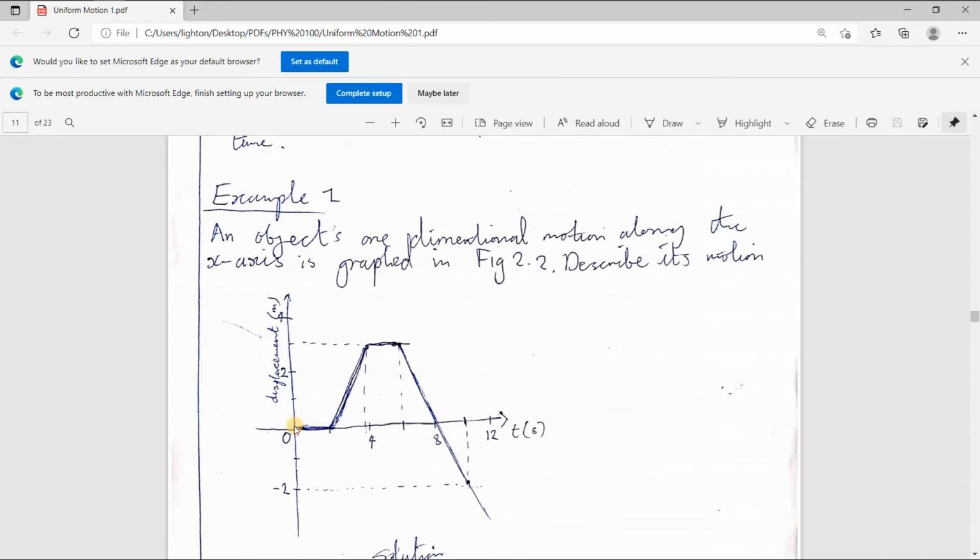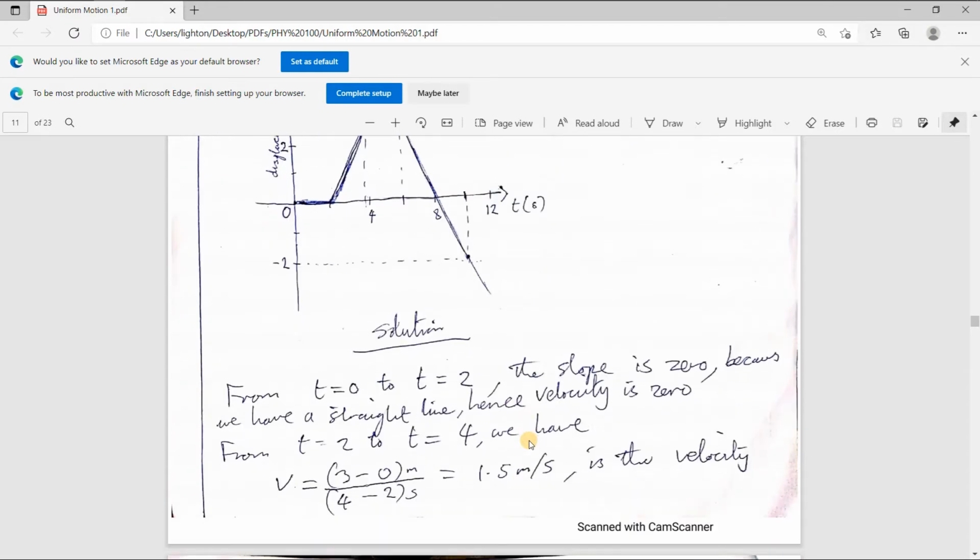Between time 0 and time 2, looking at the partitions, this point must be 2, this must be 4, this must be 6, this must be 8, this must be 10, this must be 12.